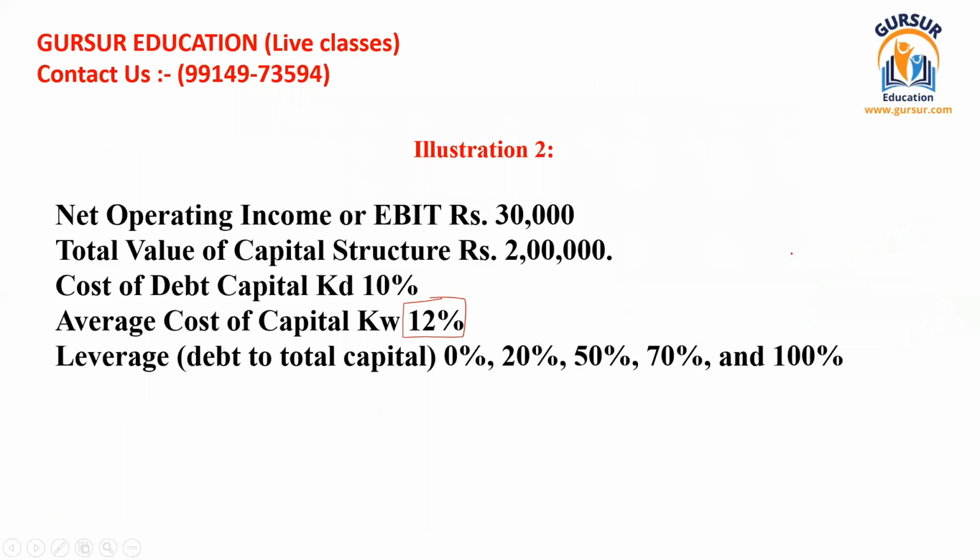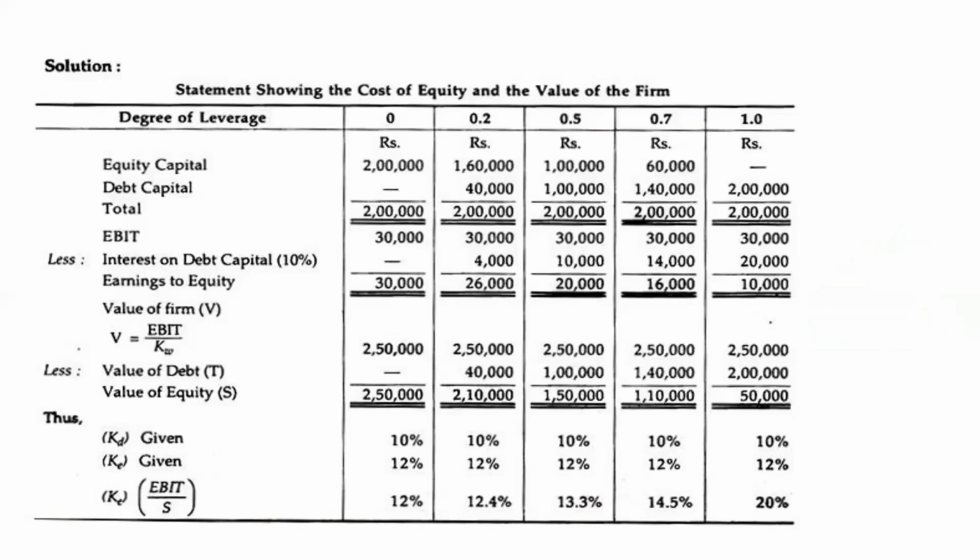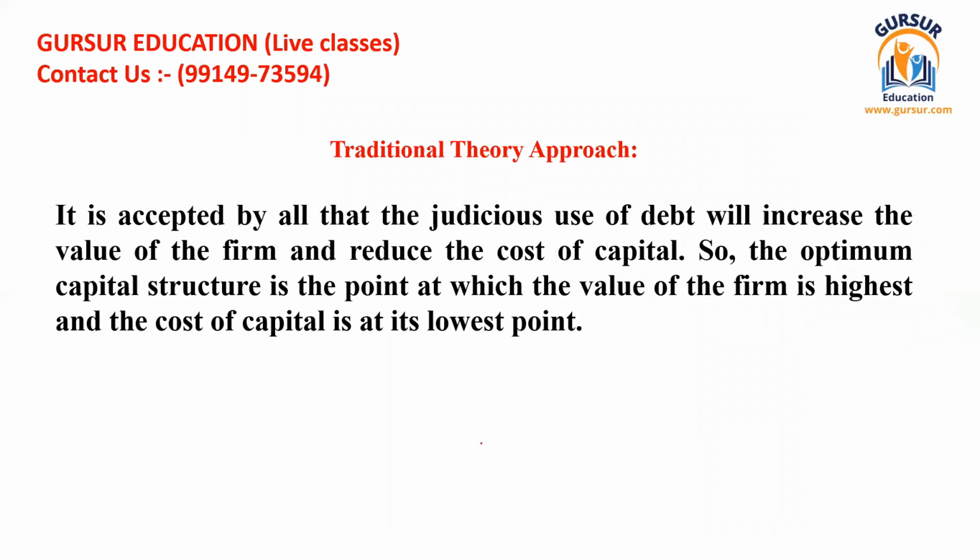These two approaches are very contradictory. First, we have taught you regarding the net income approach, and secondly, we have taught you regarding the net operating income approach. The net income approach taught you that if you use more and more debt in your capital structure, the overall cost of capital can come down, and you shall get the benefit.